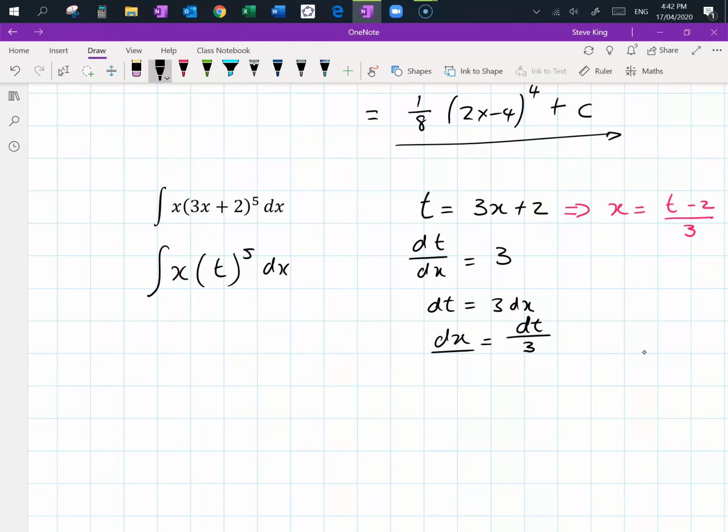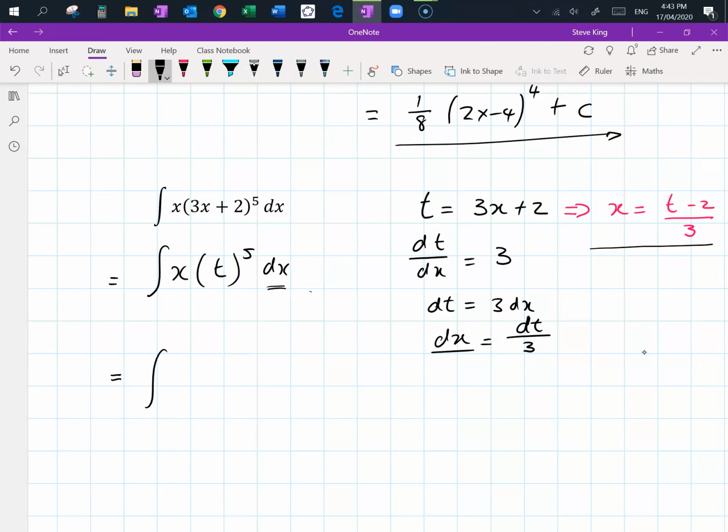If I've got that, that means that I can put it in over here. So that's quite useful. But I still haven't dealt with this x at the front over here. Well, in some ways I have, because if you think back to this rearrangement that I did over there, I can rearrange that substitution and express x in terms of t.